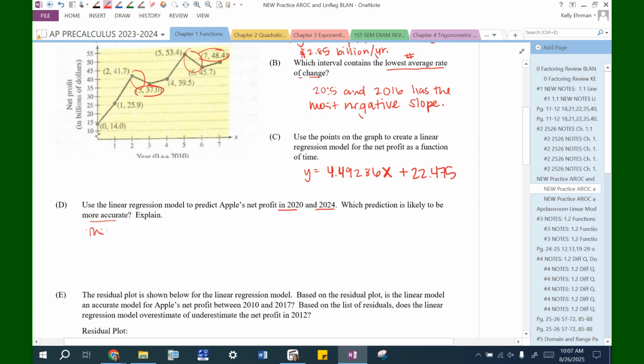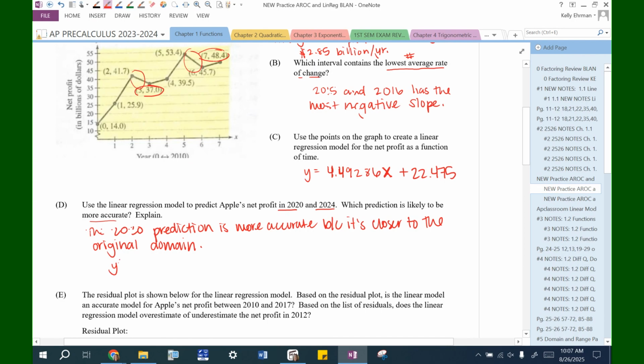So the 2020 prediction is more accurate because it's closer to the original domain. Remember, domain is just the original set of inputs used to build the model.